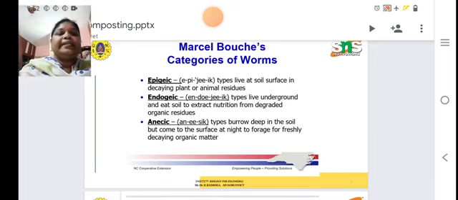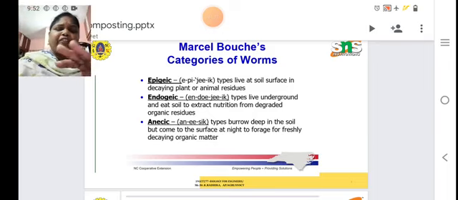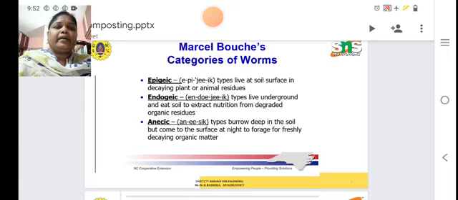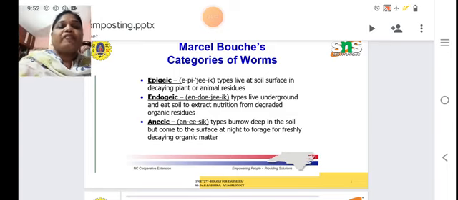Epigeic worms live on the surface, feeding on decaying plant or animal residues. So they decay the surface waste material like fruit and vegetable waste, grabbing the material on the soil surface. Endogeic means they use substances present underground in the soil.